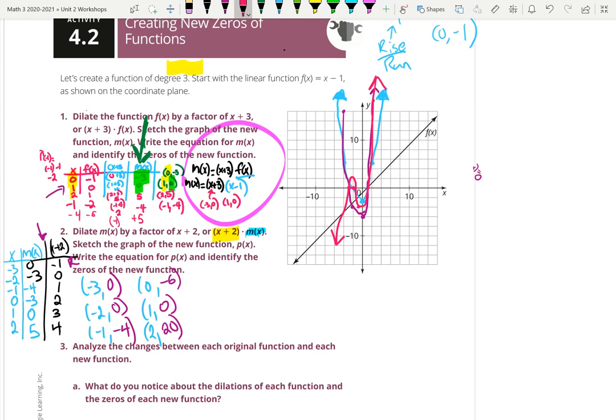Notice the new equation, p of x, is equal to x plus 2 times m of x. P of x is equal to x plus 2 times x plus 3 times x minus 1.